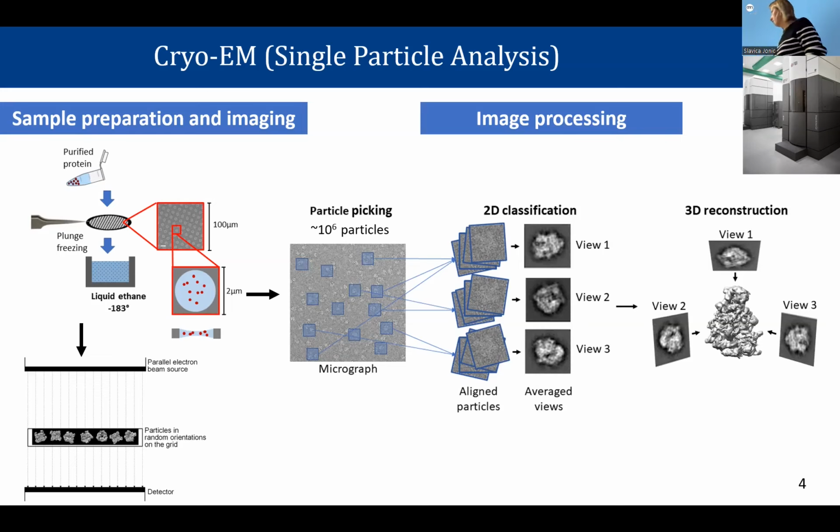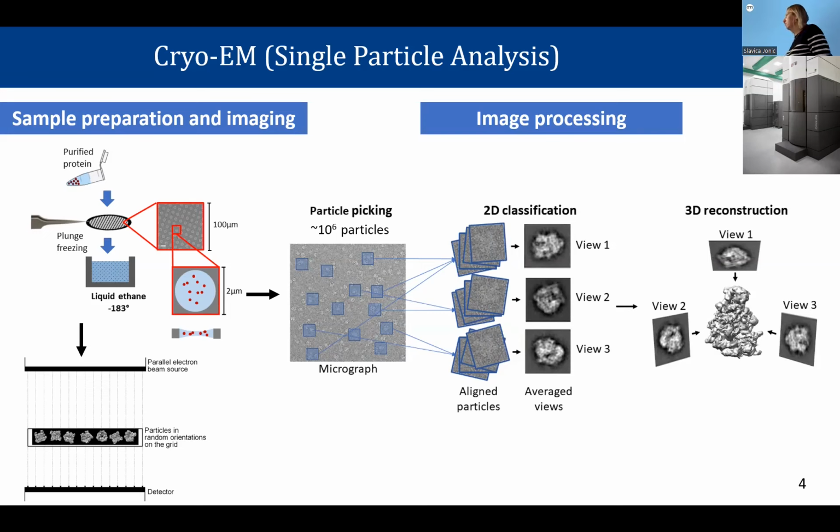The hypothesis is that all these images are coming from the same shape, but in very random orientations. If you suppose that the population is homogeneous in shape, then you can determine one single 3D structure at a high resolution, and you're happy about it.